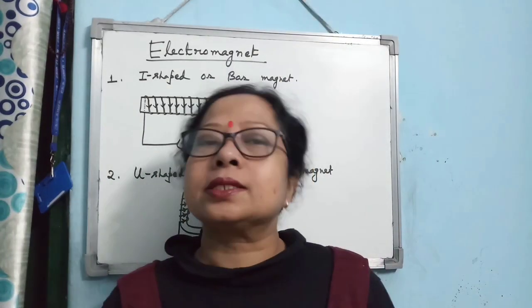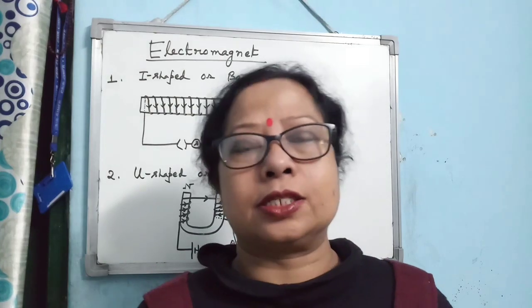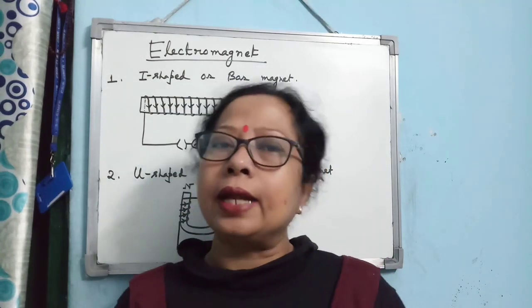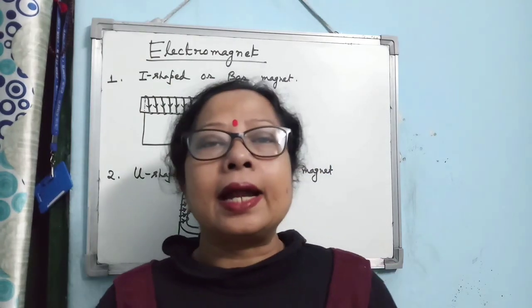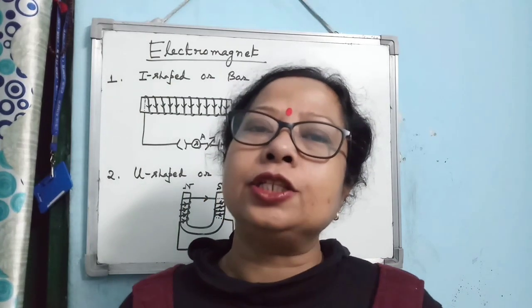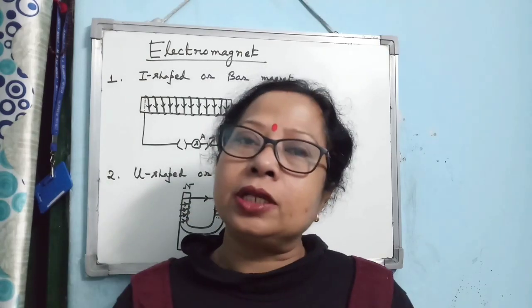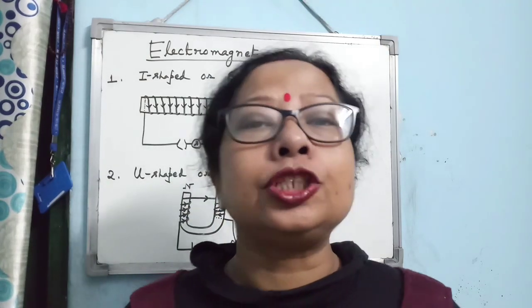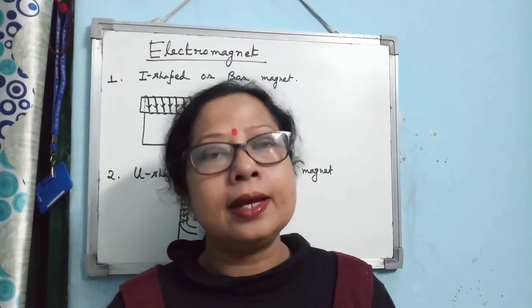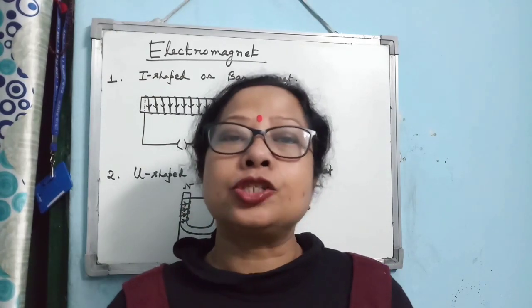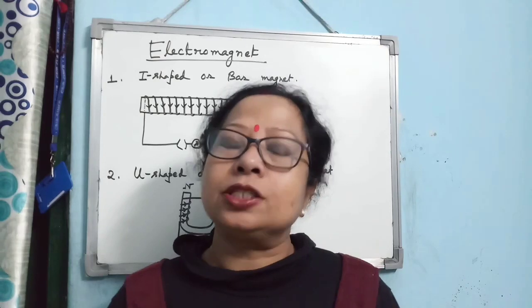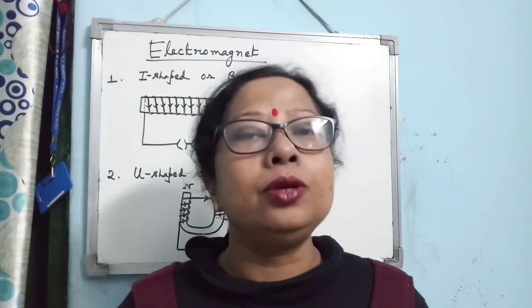Next, what are the differences between a current carrying solenoid and a bar magnet? I have already discussed that in a current carrying solenoid you can change the polarity, but in a bar magnet you cannot change the polarity. Then in a current carrying solenoid you can change the strength of the magnet, but in a bar magnet you cannot.